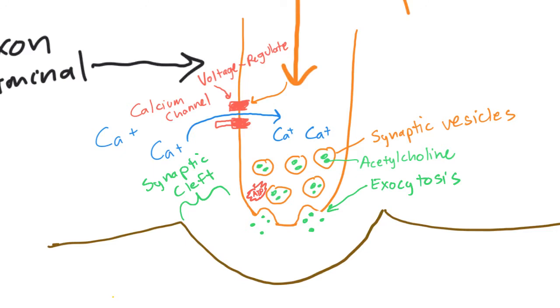All right, on the other side of the synaptic cleft, we have this is the sarcolemma, which is, what's the sarcolemma? Yeah, it's the plasma membrane of the muscle cell.